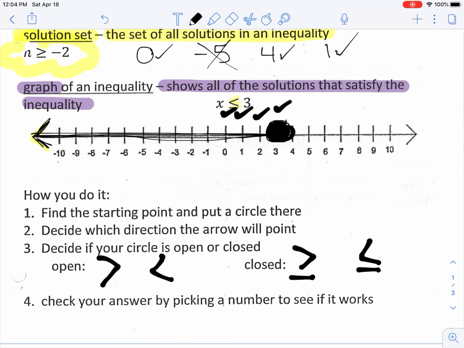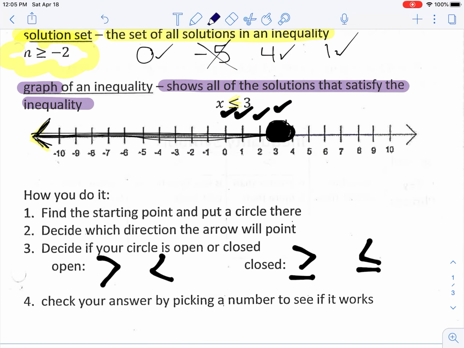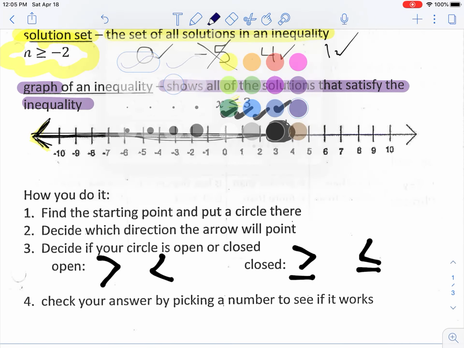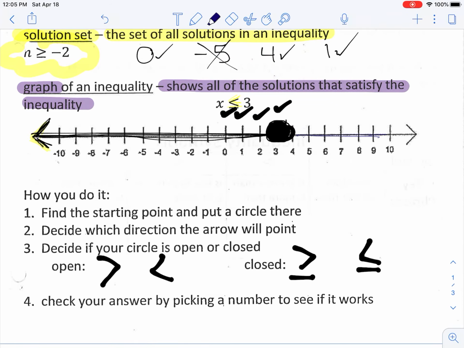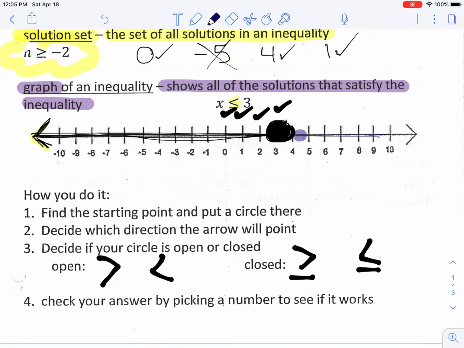So because 3 is a possible solution, that's the reason that we darken the circle. That is showing that the number 3 is included as a solution to the inequality. These numbers over here to the right are not solutions to the inequality.